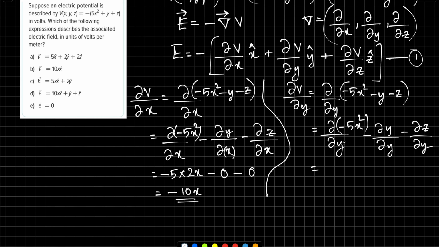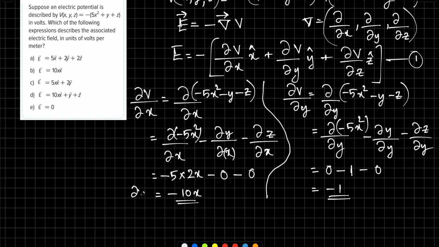We are partially differentiating with respect to y, but there is no y in the first term, so it is 0. Minus ∂y/∂y is 1. ∂z/∂y is 0, since there is no y. Answer is minus 1. This is ∂V/∂x, let's call this equation number 2. This is ∂V/∂y, let's call this equation 3.